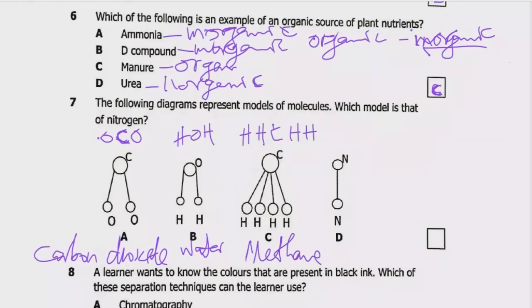Then when you look at 1 atom of nitrogen reacting with another atom of nitrogen, they'll form nitrogen gas. Okay, so now the question is, which model is that of nitrogen? So the model of nitrogen is C, which is nitrogen gas.